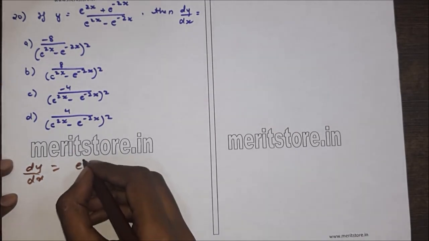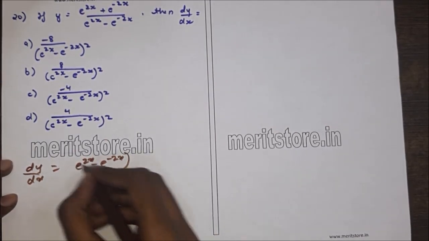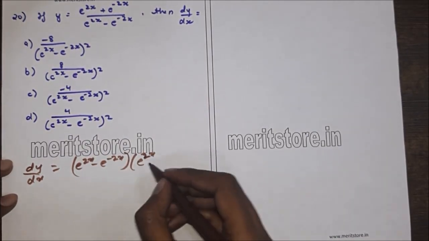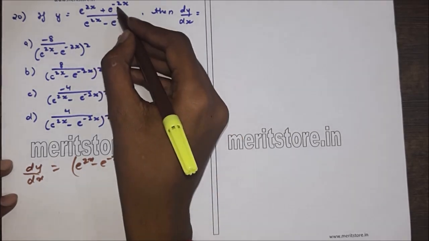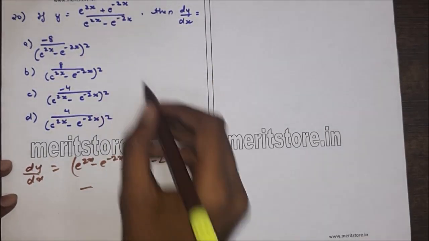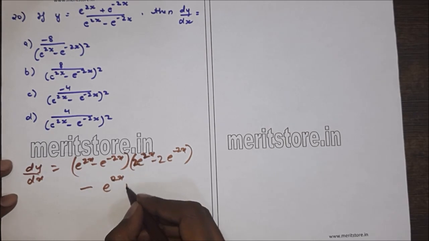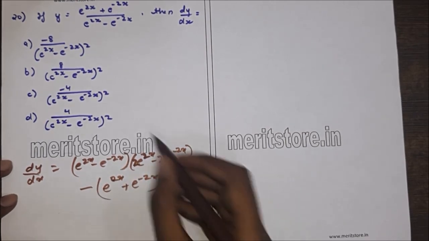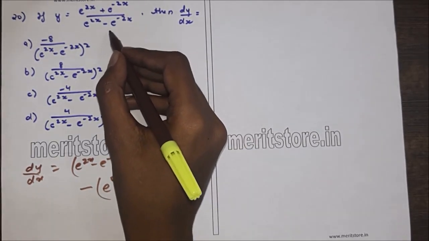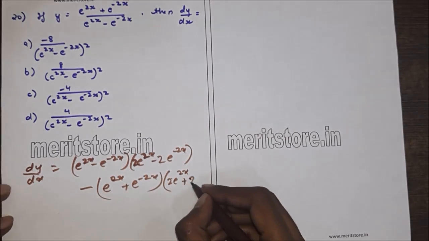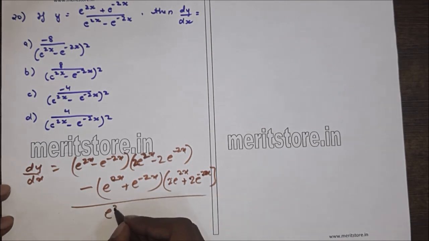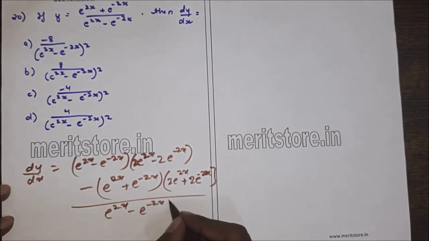So v into derivative of u, that is e raised to 2x, 2 times e raised to 2x, e raised to minus 2x is minus 2 times e raised to minus 2x, minus u into derivative of v, that is (e raised to 2x plus e raised to minus 2x) into derivative of v, that is e raised to 2x is 2 e raised to 2x, derivative of minus e raised to minus 2x is plus 2 times e raised to minus 2x, divided by v square, that is (e raised to 2x minus e raised to minus 2x) the whole square.